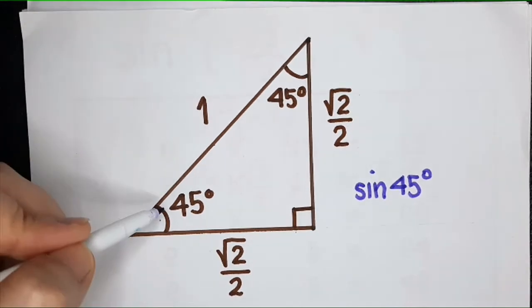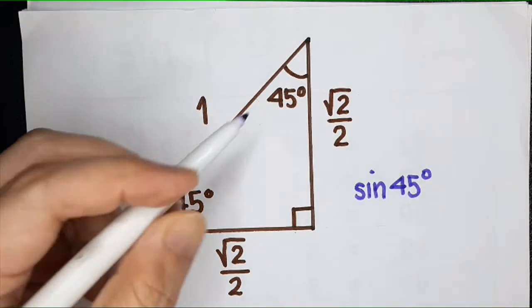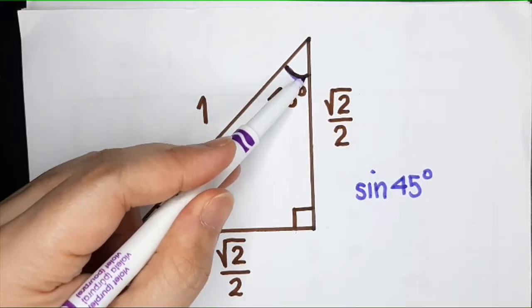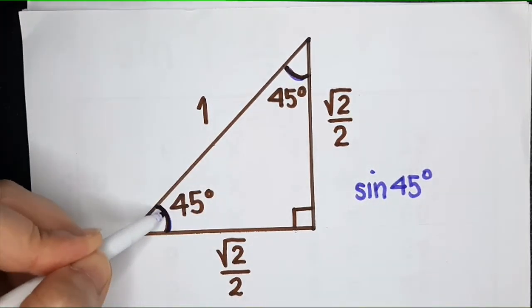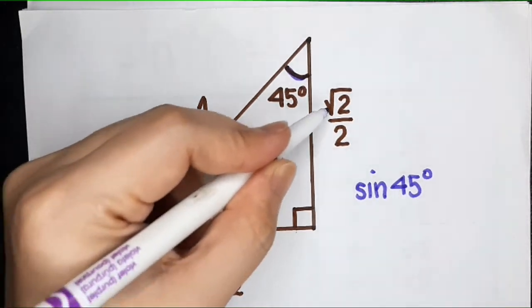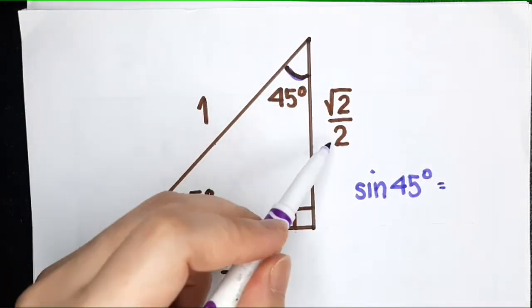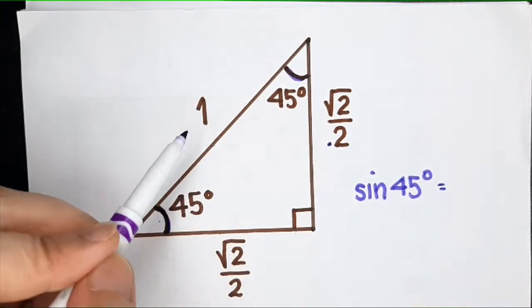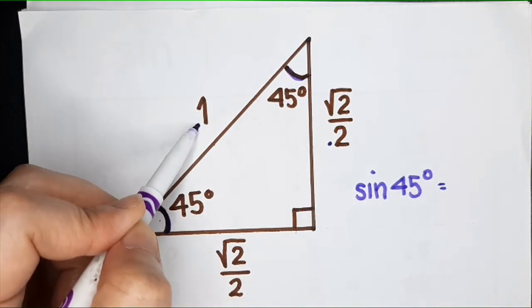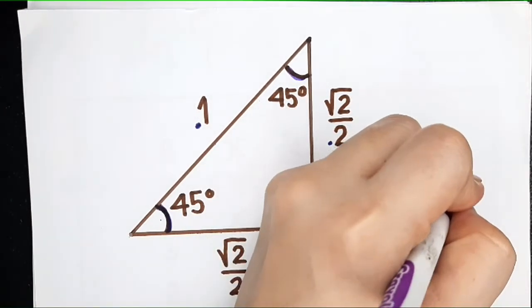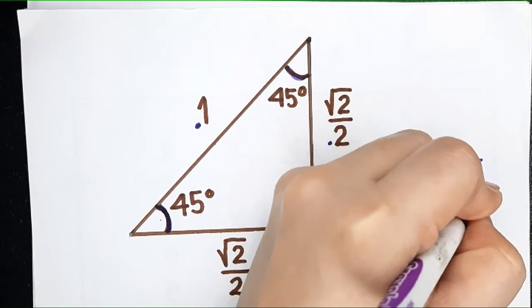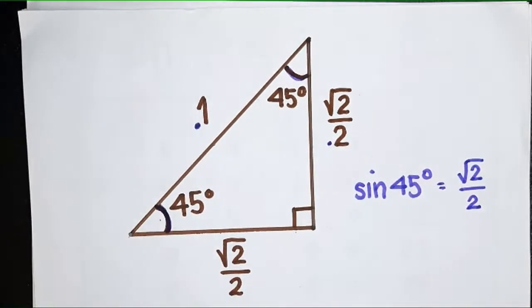So, this is the 45-degree angle. Pwede rin to. Kahit alin. Okay? So, let's just consider this angle. So, opposite, you'll have square root of 2 over 2 divided by the hypotenuse. So, the value of sine 45 degrees is square root of 2 over 2.